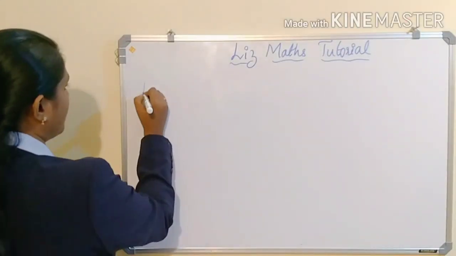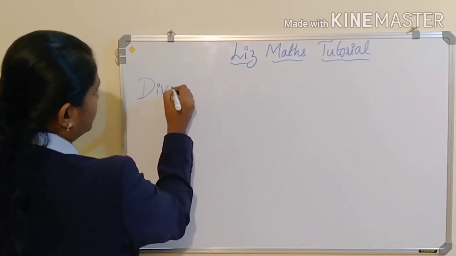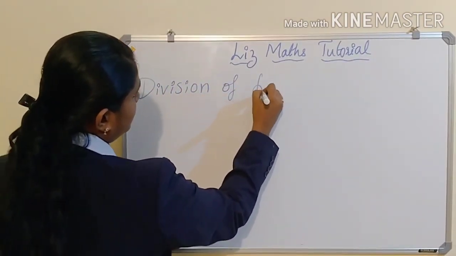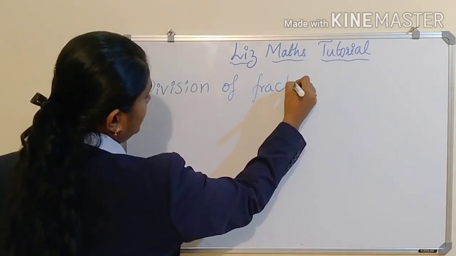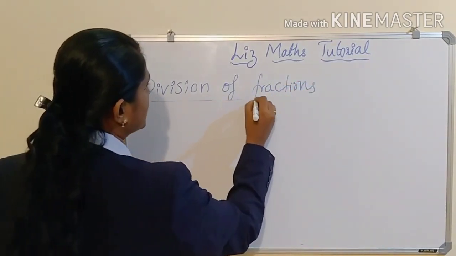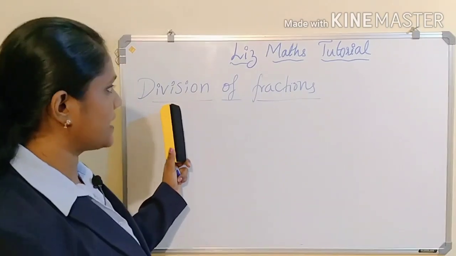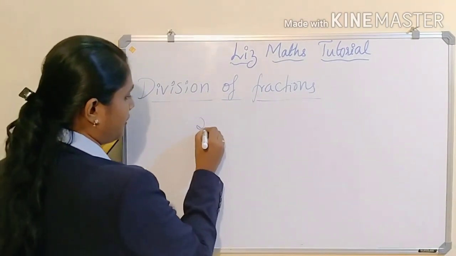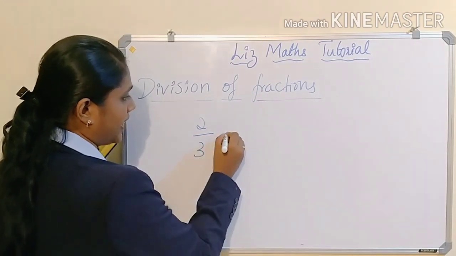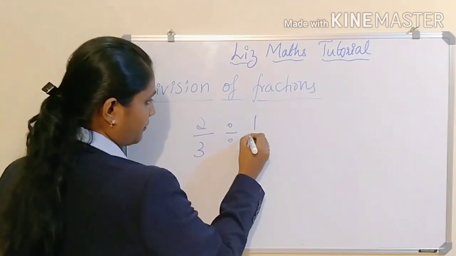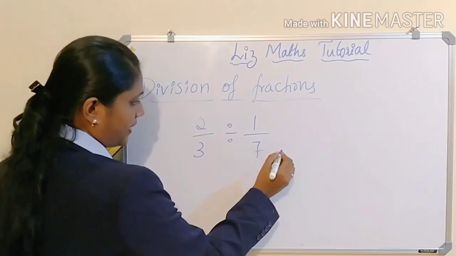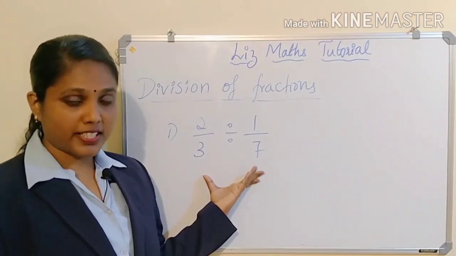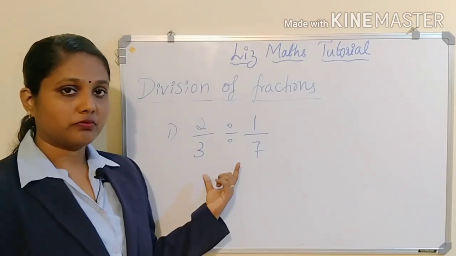Now, division of fractions. In the case of division of fractions, for example, 2 by 3 divided by 1 by 7. So when you have two numbers being divided, what will you do?